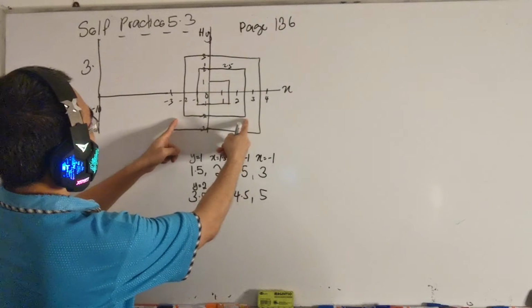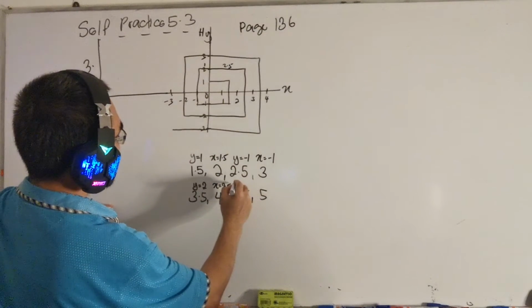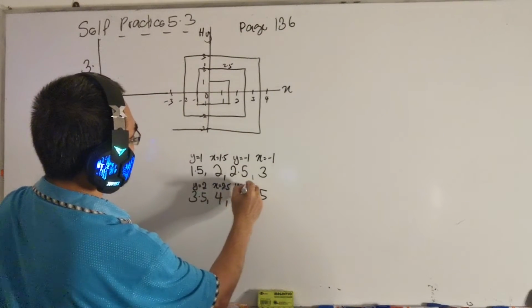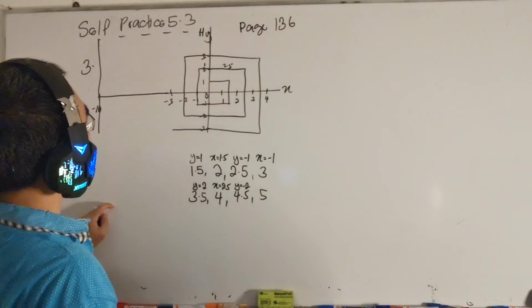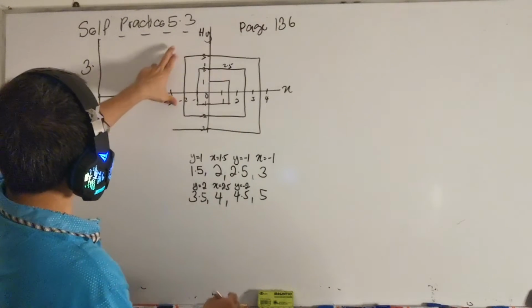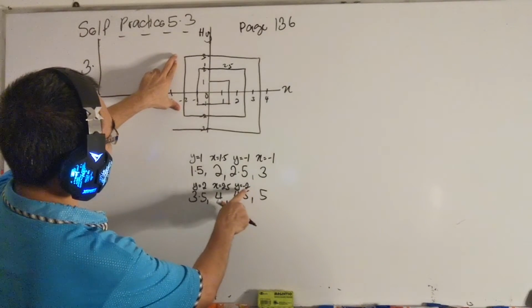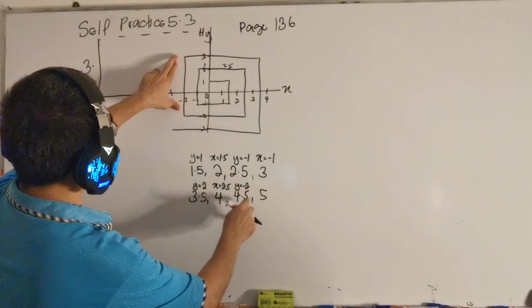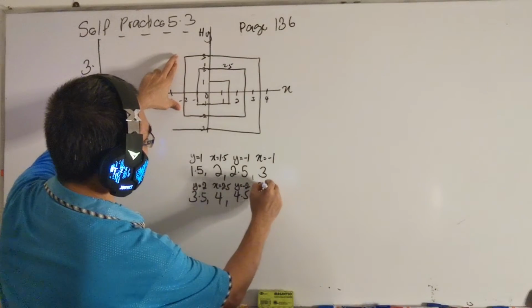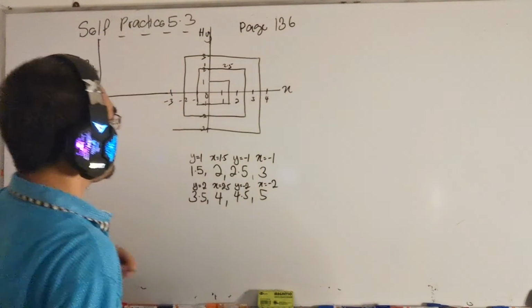Then this one will be y equals negative 2. The length here will be 5, and the equation is x equals negative 2.